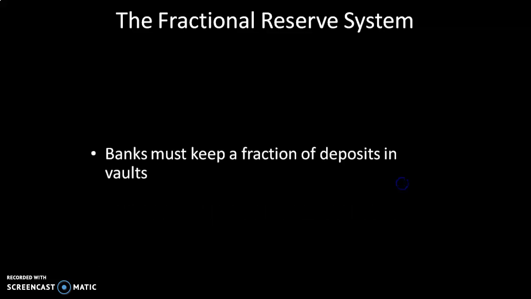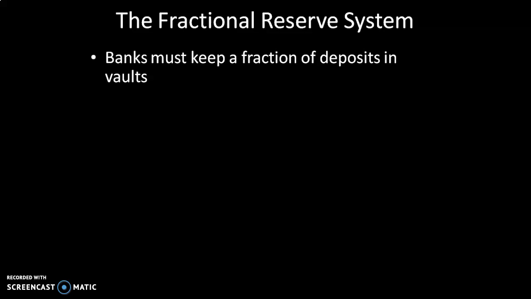Okay, let's talk about the fractional reserve system, which actually grew out of this goldsmith era of producing money. Banks have to keep a fraction of their deposits in their vaults. Those deposits that are in vaults are not a part of the money supply because that's cash in the bank.